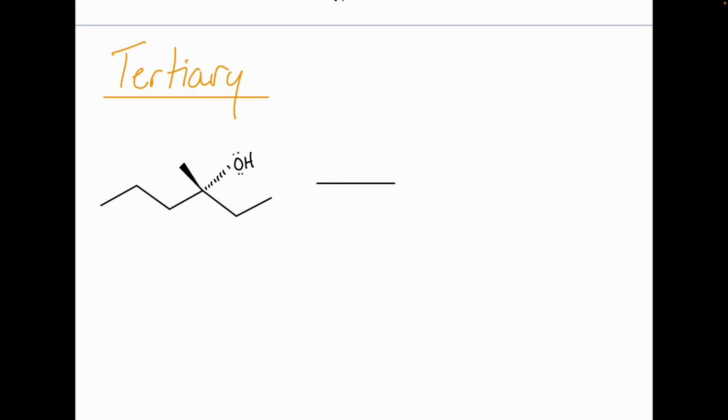We're going to play the same game where we first convert to a good leaving group. This time we get to use just simply our strong acid, HBr. And second, I'm going to pick a different nucleophile here. I want to make a point. I'm going to use a thiol.